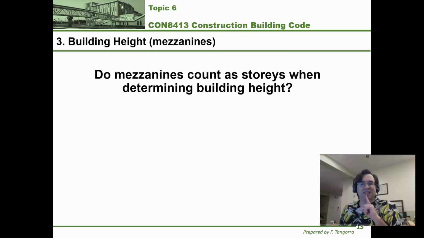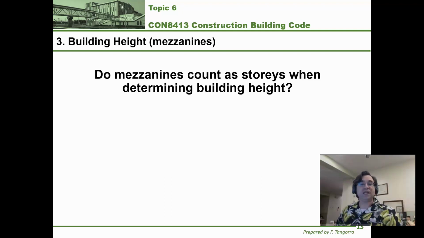Building height, mezzanines. So mezzanines are typically what you would see as a partial story or those internal balconies. So think about, say, the ACE building. Okay, you know the 5-story portion of the ACE building? Think of the ground floor.